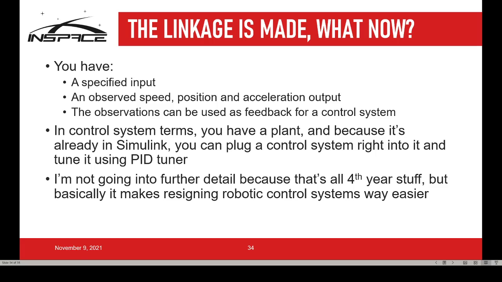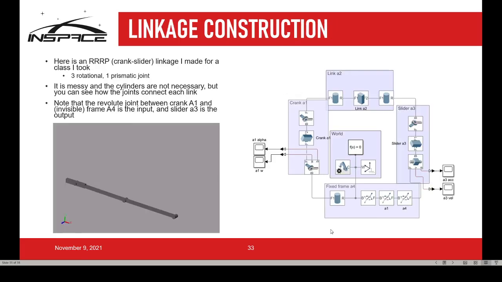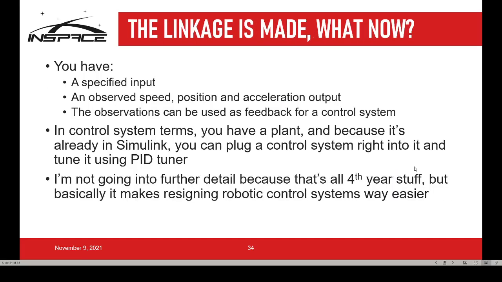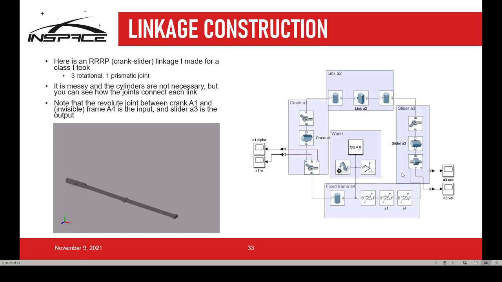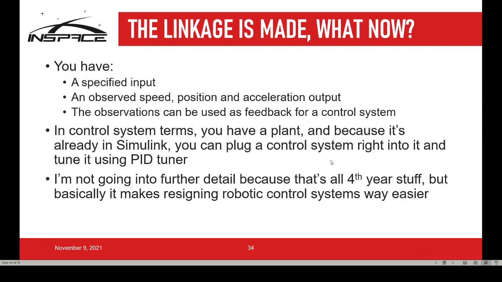But also, okay, so this is why I love it so much. Because you have a specified input that you need to input into here. And you have from your output a speed, an acceleration, a position, a force even if you need it. These can be used for feedback for a control system just immediately. Because you have what's called here a plant. In mechatronics, this would just be one big transfer function.